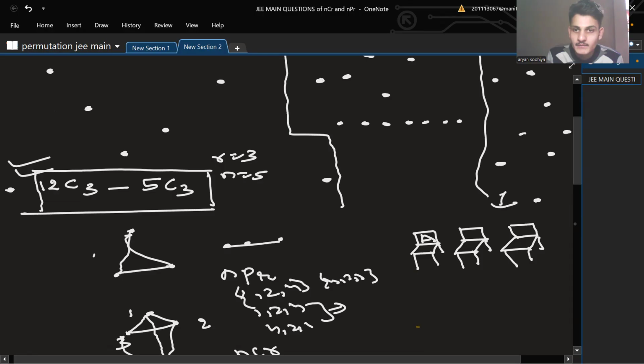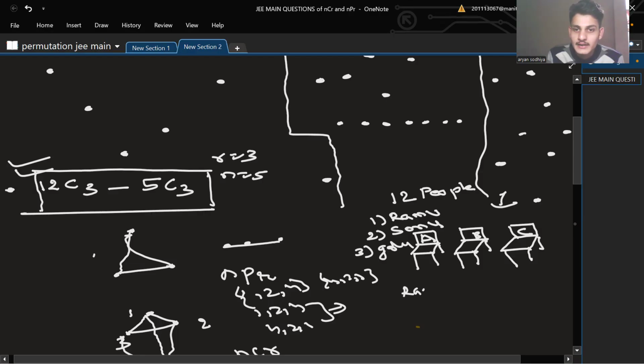This is chair A, this is chair B, this is chair C. Now I want to arrange 12 people on these chairs, let's say one is Ramu, Sonu, and Golu.